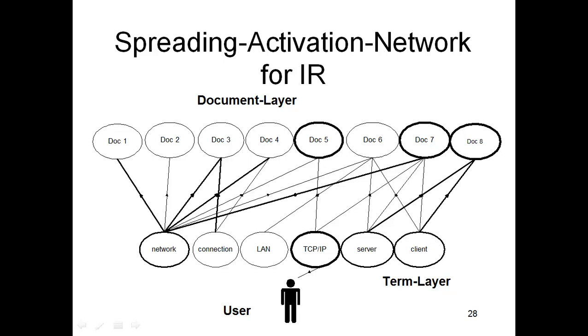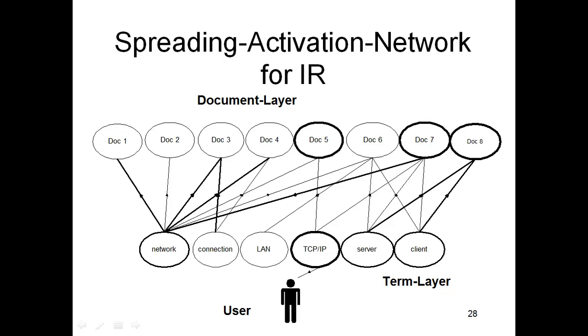Now what is the connectivity matrix? Another not so nice thing about these kinds of neural networks. As we've said, the long-term knowledge is in the connections. And in this case, we have initiated these connections with our weights. So if I have no connection between LAN and document 5, that means the weight is 0. In our IR world, that means LAN does not appear in this document.